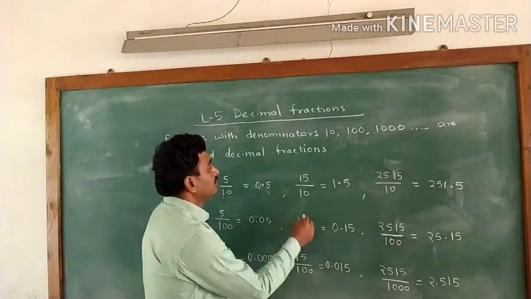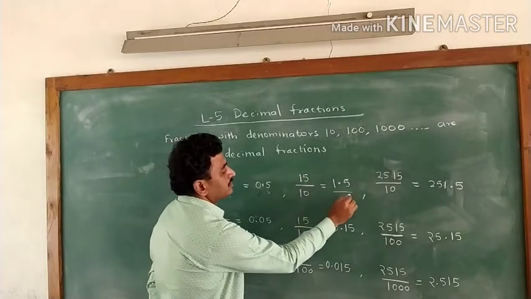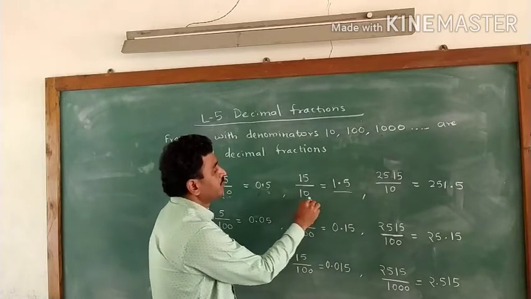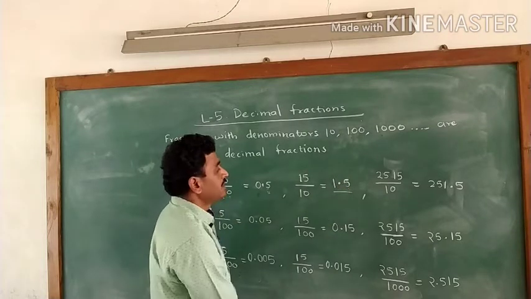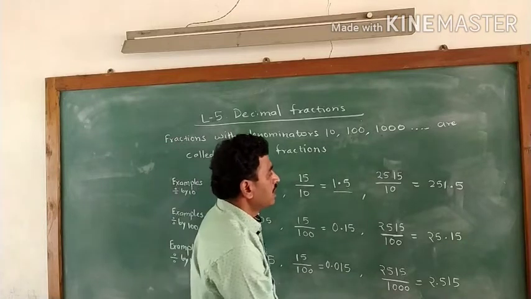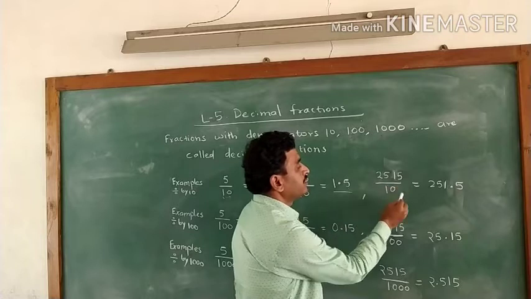Then the next, you can see 15. We write this 15 as it is here. We leave 1 digit because 1 zero is here, and put a decimal point. Then our answer becomes 1.5. Now here you can see the number 2515.